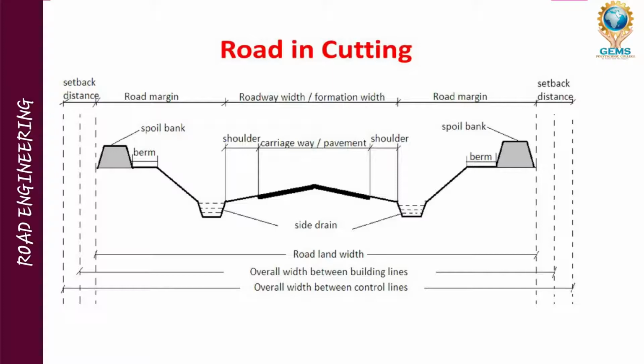And this image shows how the cutting of the road will be done and how the road construction is done. As you can see, the distance from setback to setback is the road land width, from the middle of the setback to the middle of the setback is the overall width between building lines, and from outer to outer it is the overall width of the control line.